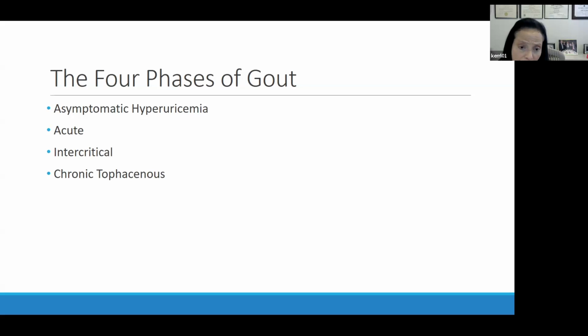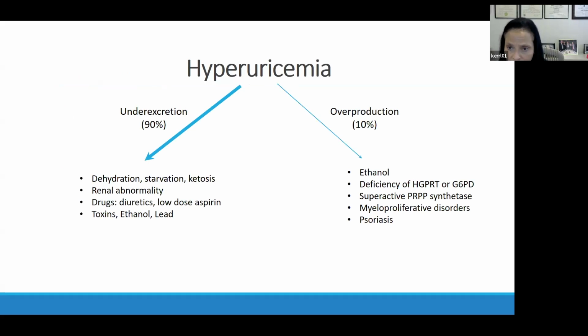Once that resolves, the patient enters what we call the intercritical period, which is the period of time in between attacks. And this interval may be 1 week, or it may be the rest of the patient's life. So you have to look at the risk factors to predict recurrence. And then a chronic phase after many years of hyperuricemia and acute gout, known as chronic tophaceous gout. And I'll be describing all of these.